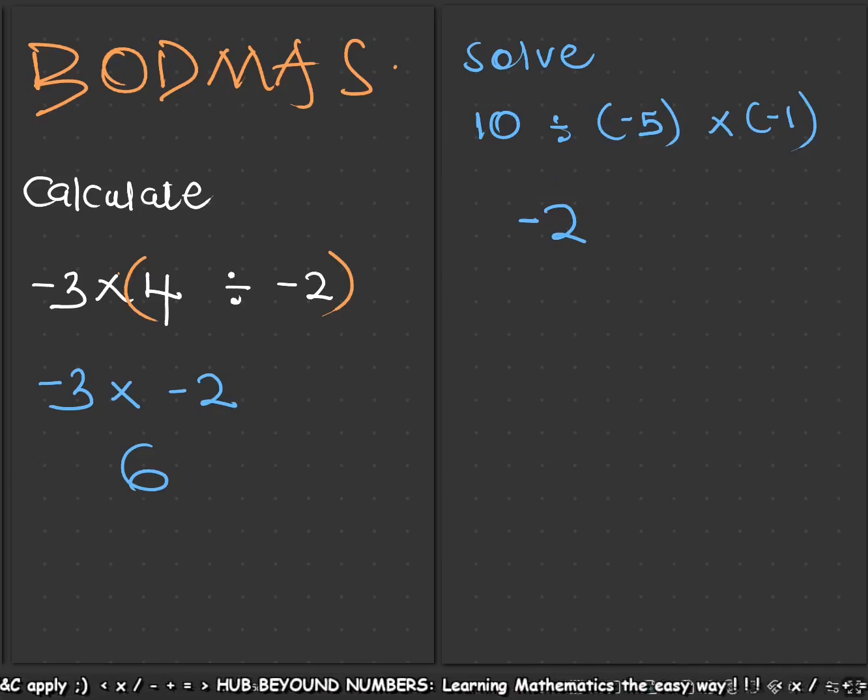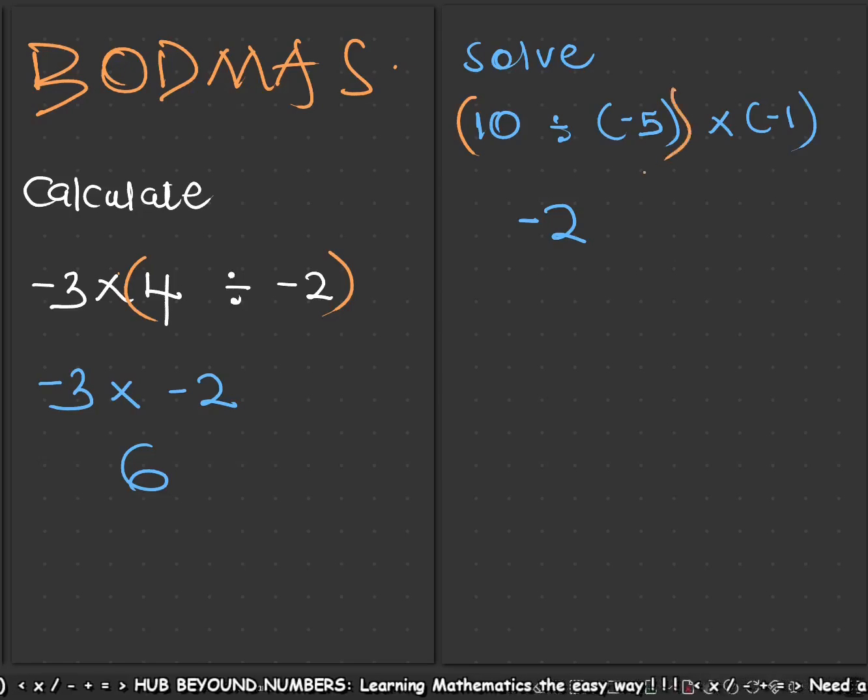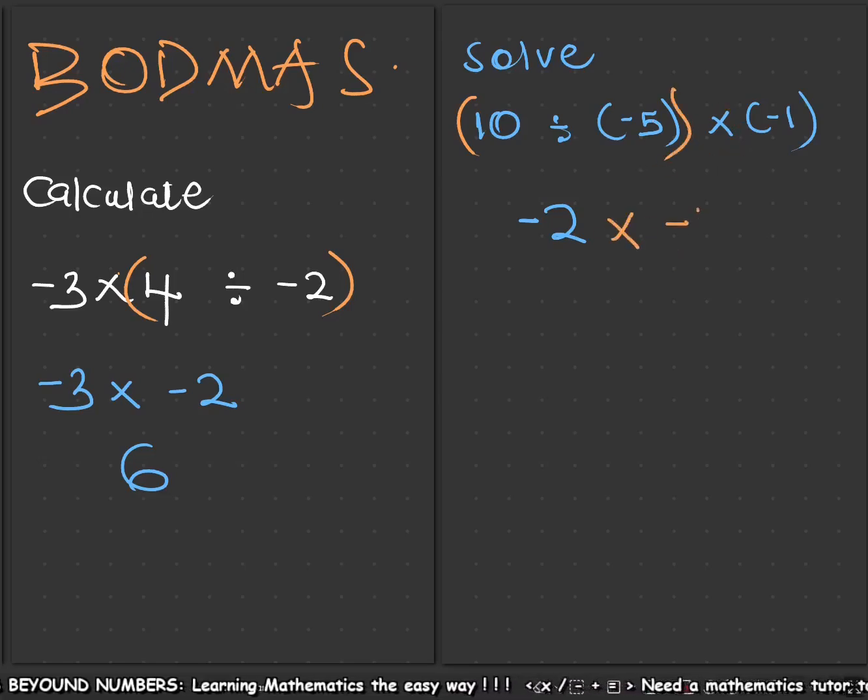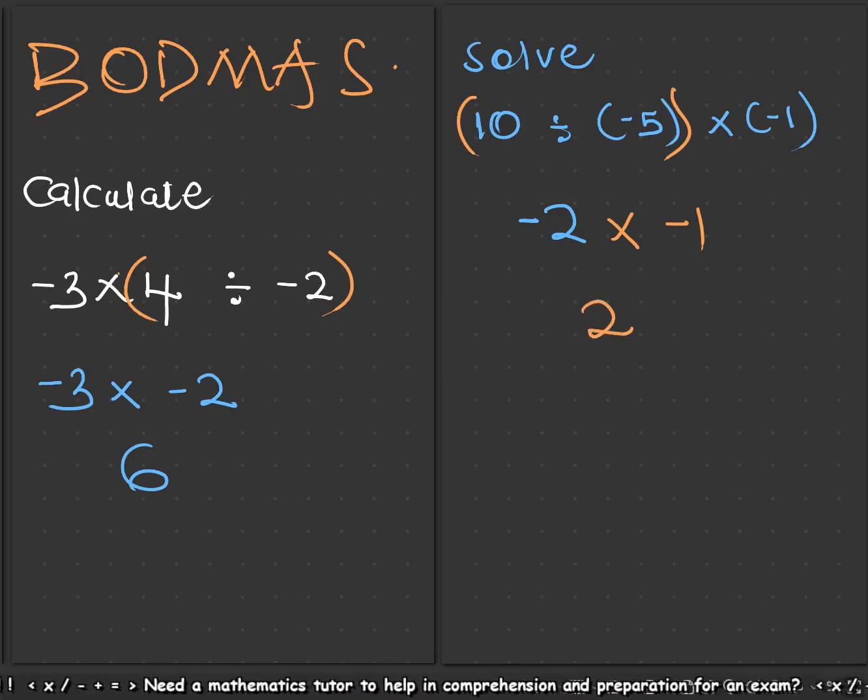So we have evaluated this one and we have times, let's times over here, times our -1. So this time around 2 times 1, since they are both negative, negative times negative gives us a positive. So -2 times -1 will then give us what? A 2 as our final answer. This is how we work what?